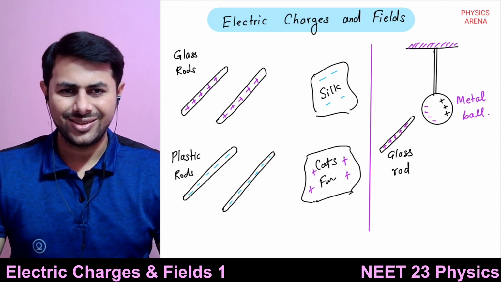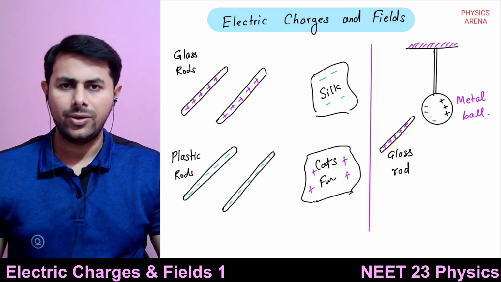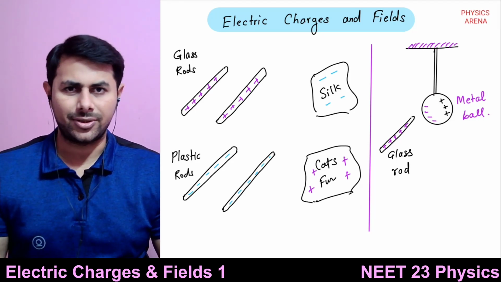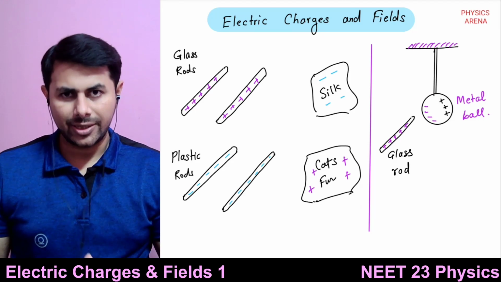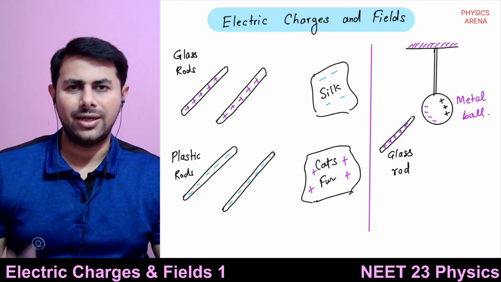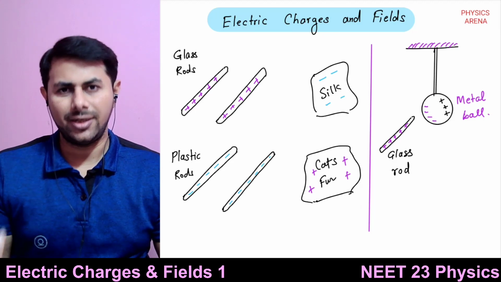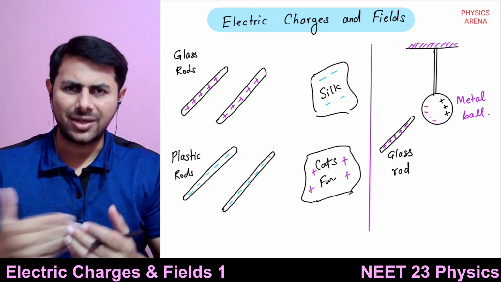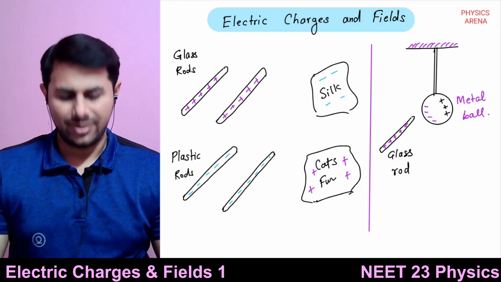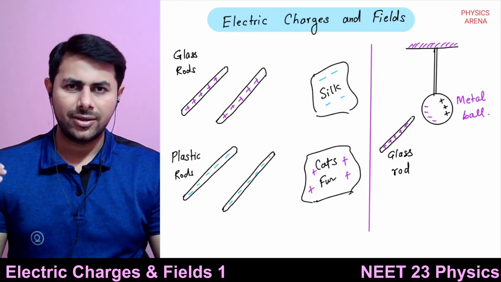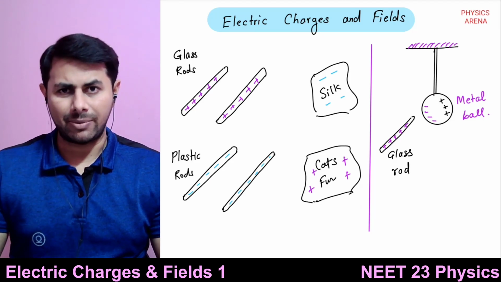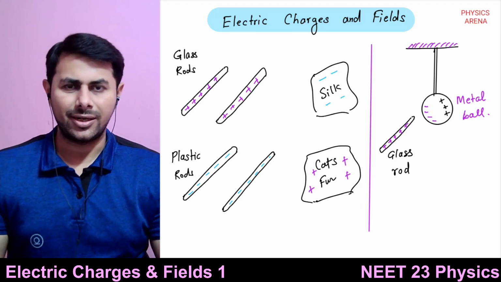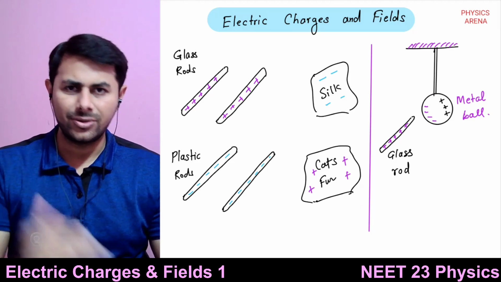Is it clear? Some materials have a tendency to lose electrons and some materials have a tendency to gain electrons. This property is known as electron affinity, the attraction towards electrons, you can say. The materials which have greater electron affinity will tend to gain electrons. The materials which have lesser electron affinity will tend to lose electrons.